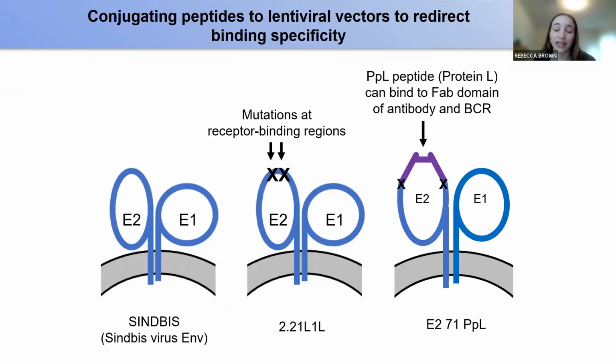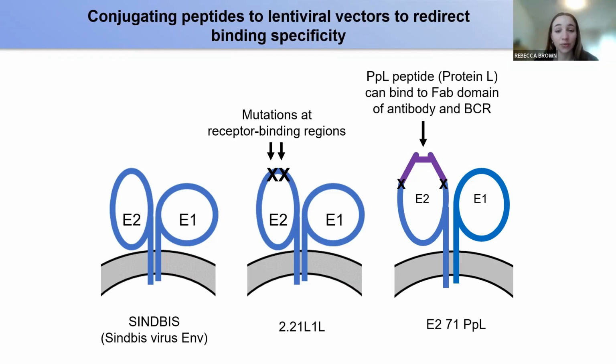So for the solution, the Morizano lab has previously pseudotyped Sindbis virus envelope proteins to lentiviral vectors. And this is important because the binding region and the fusion region, the fusion region allowing for lentiviruses to infect cells, are different.